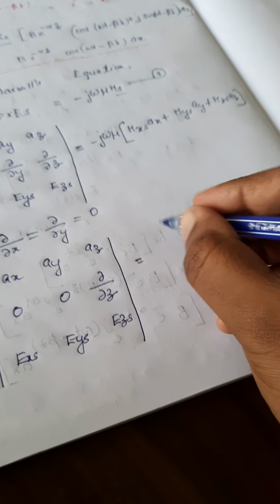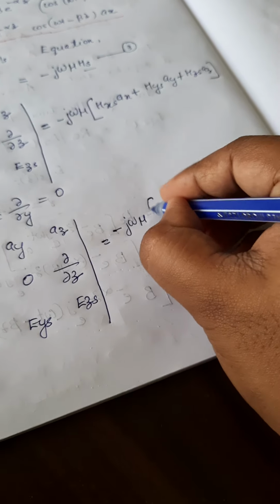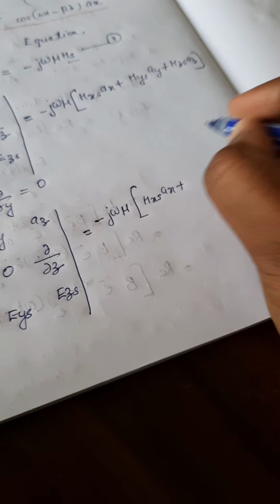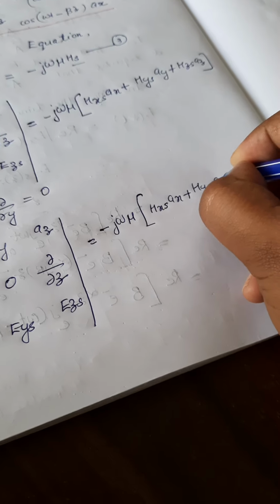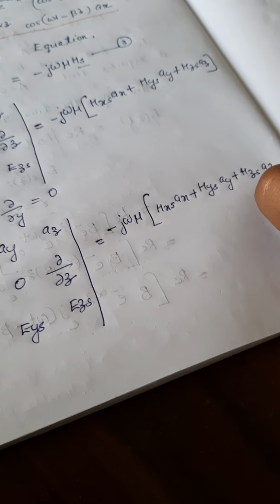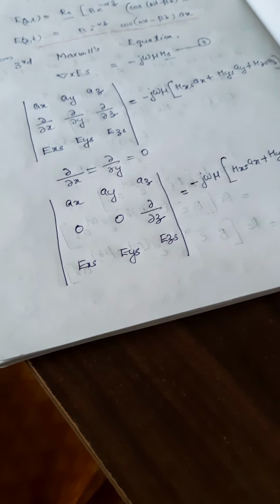This will be equal to the right hand side, minus j omega mu times Hxs Ax plus Hys Ay plus Hzs Az. Now we expand this determinant and equate both sides the Ax components.